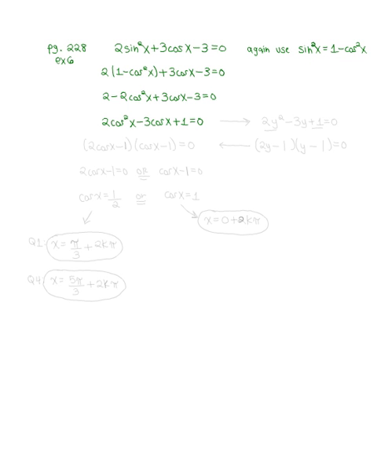Okay, and for here, this happens to be a quadratic in cosine of x. So if you look at our beginning algebra example, a good associated problem would be to factor 2y squared minus 3y plus 1 equals 0.